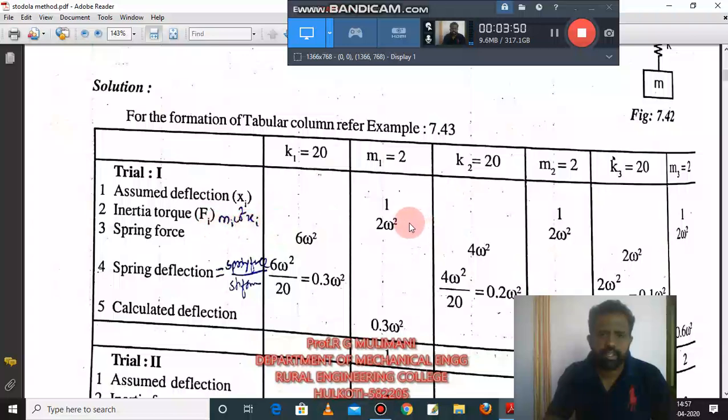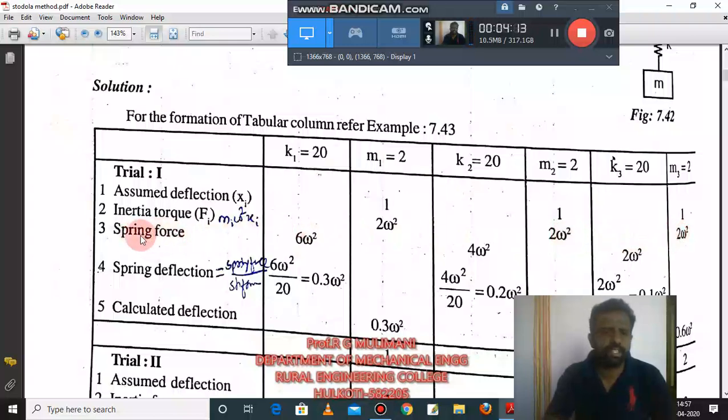How much is the mass? It is 2 kg. So 2 into omega square into x, the deflection of the corresponding mass. The deflection is the assumed value 1, so it is 2 omega square. Similarly, you find the inertia force for mass 2 and mass 3.